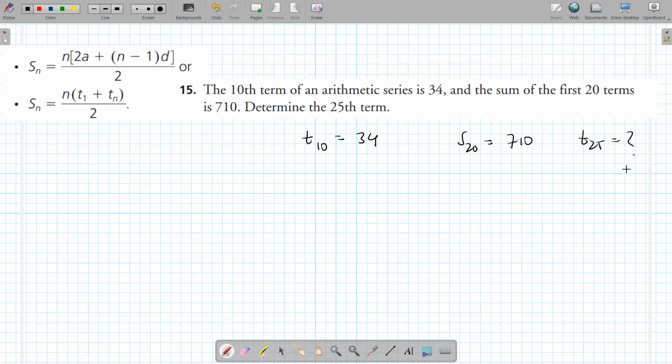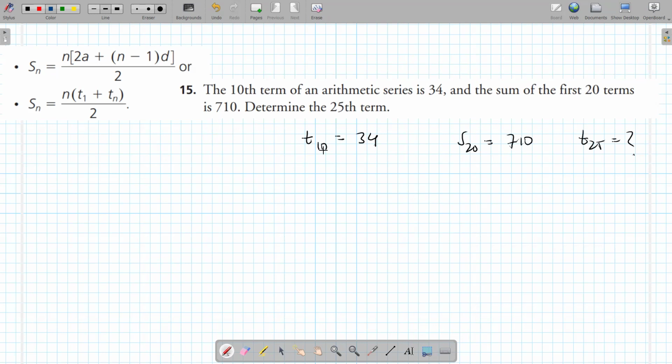So in this question, neither A nor D is given. All right, cool. So let's start. If nothing's given, it's probably going to be a system of equations question.